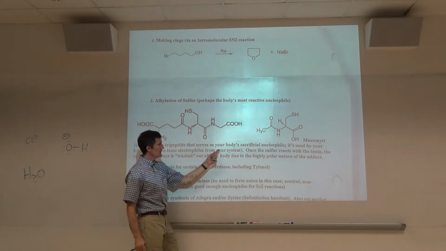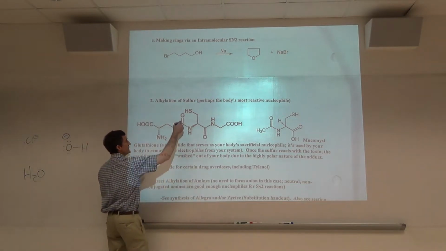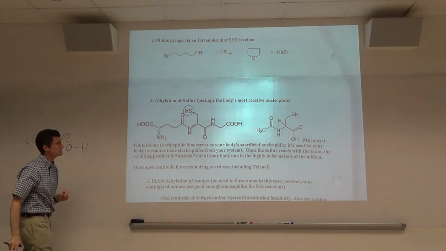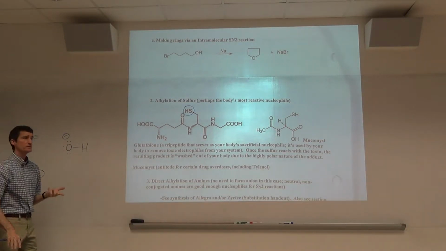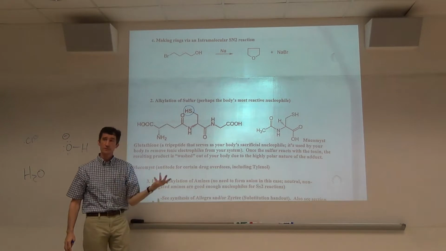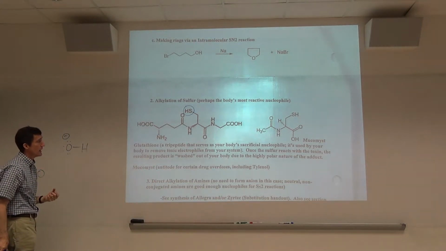One thing it does, it serves as a sacrificial nucleophile in the body. Because it has this here. And under certain conditions, this may actually be a minus. And of course, if it's a minus, it's an even better nucleophile.